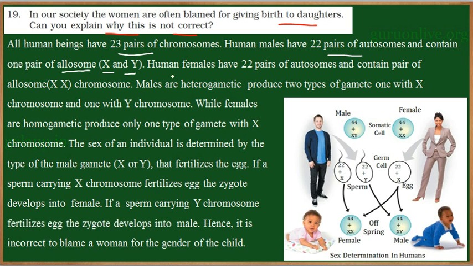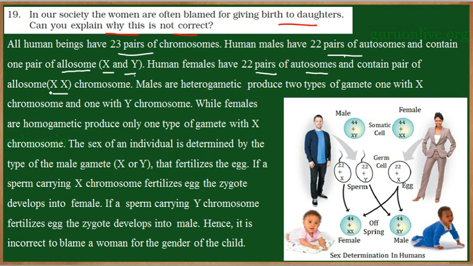Now out of these, in case of human males, there are 22 pairs of autosomes and one X and Y chromosome. In case of females, the number of autosomes remains the same. So it is 22 pairs of autosomes but contains 2 X chromosomes.